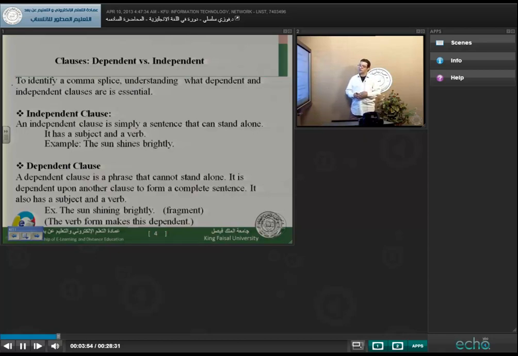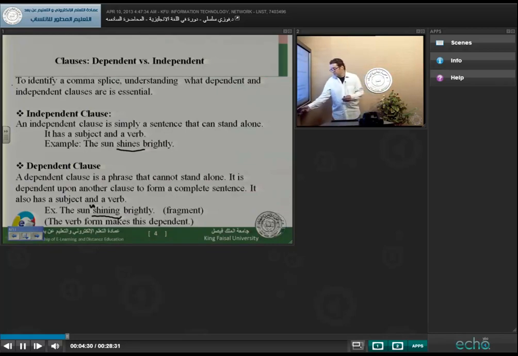It's different when you say the sun shines brightly. That's a full sentence. It doesn't need anything. But if you say the sun shining brightly and put a full stop there, that sentence doesn't make sense. There's something missing. You can say the sun is shining brightly, and that would make it a full sentence, an independent clause.